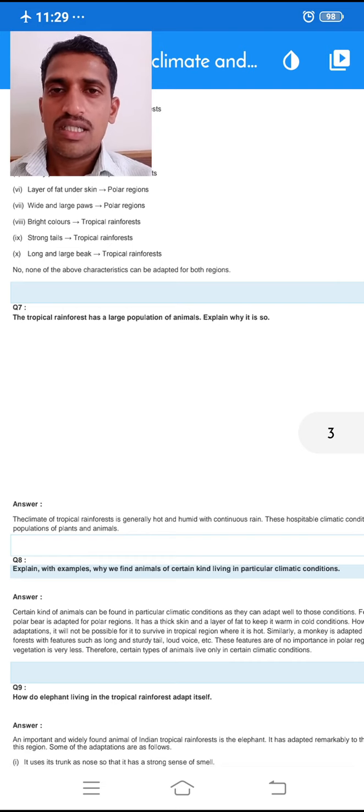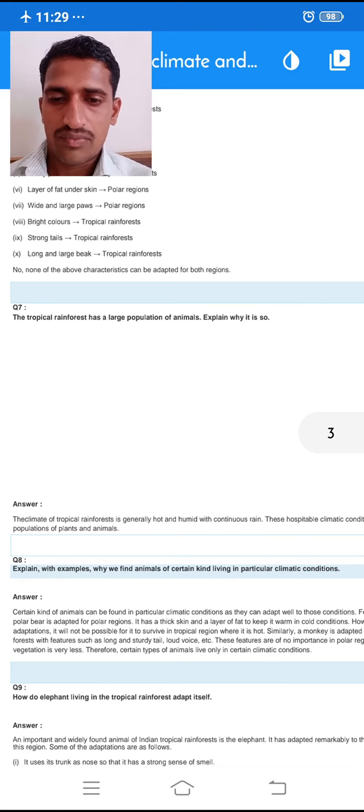Since there is an equal amount of temperature as well as rain, this region is very suitable for plants and a variety of animals to survive. Throughout the year in this region, the length of day and night is the same. It's not different like in the polar regions.